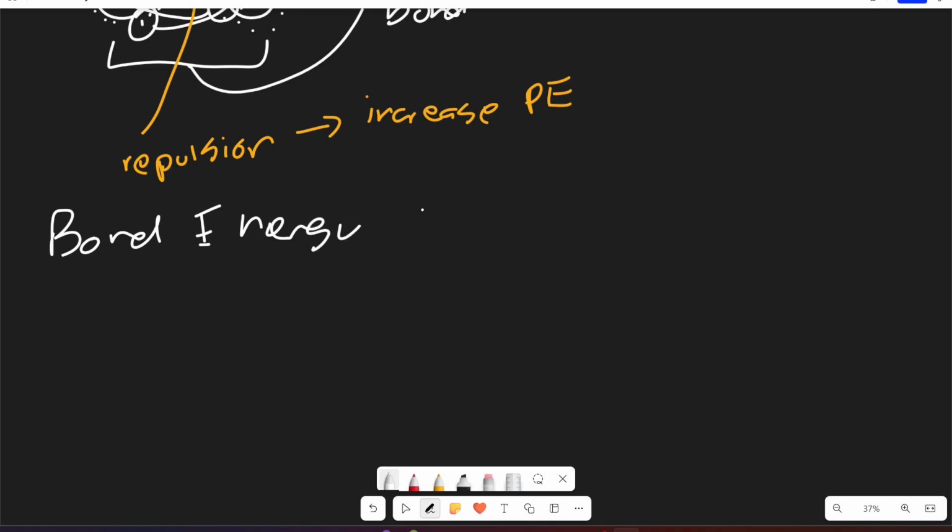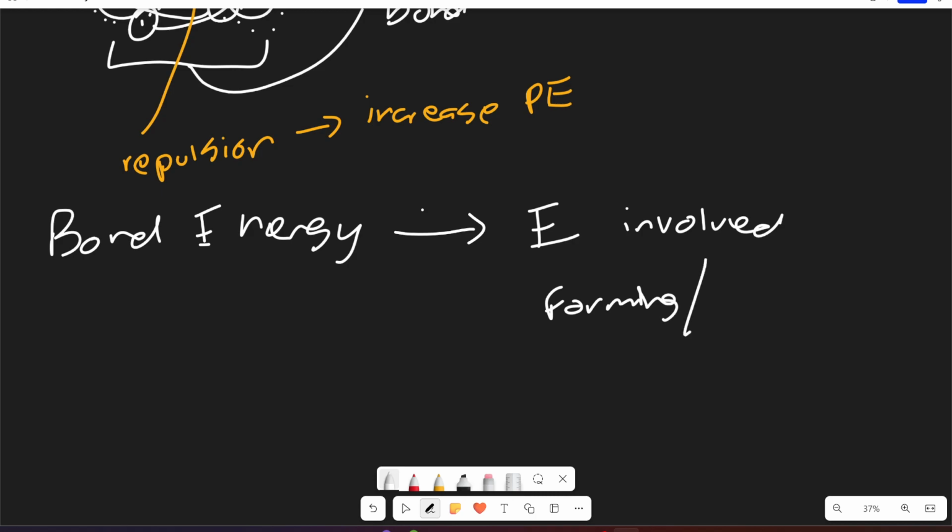So bond energy. So this is essentially just, I'll just say E for energy. Energy that is involved in either forming or breaking a bond.